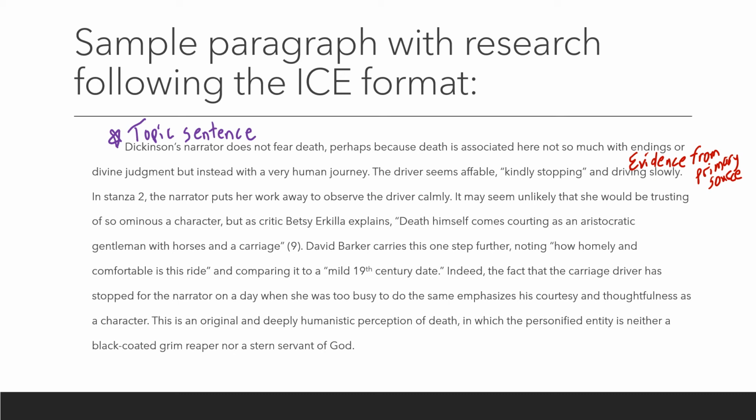Next, it may seem unlikely that she would be trusting of so ominous a character. But as critic Betsy Erkilla explains, quote, Death himself comes courting as an aristocratic gentleman with horses and a carriage. We have two things going on here. We have analysis of evidence from poem in the first part of the sentence, okay?